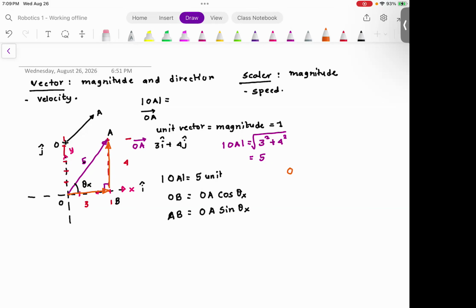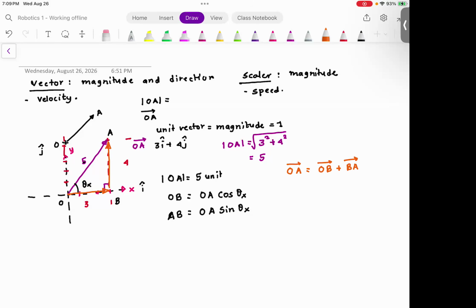So OA vector is nothing but OB plus BA. You can see this O comes from here, A comes from here. When you combine these two, B gets cancelled and you are left with OA.